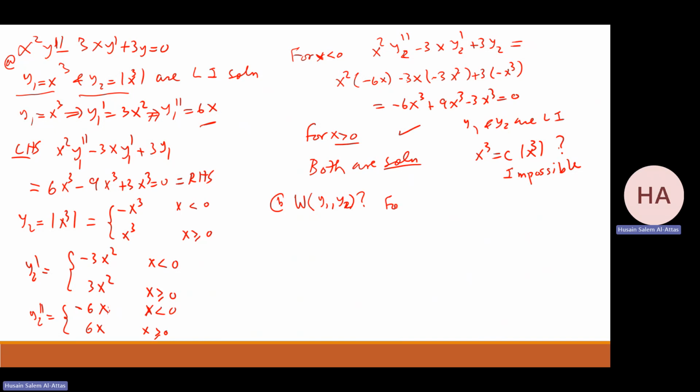So for x negative, I have x cubed and the other one minus x cubed. So I have 3x squared and minus 3x squared. That gives me what?